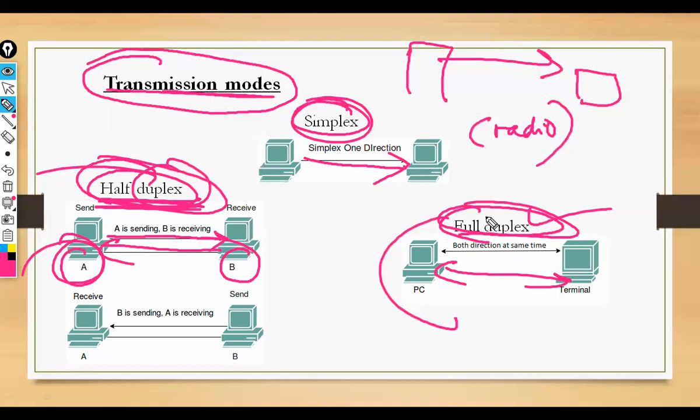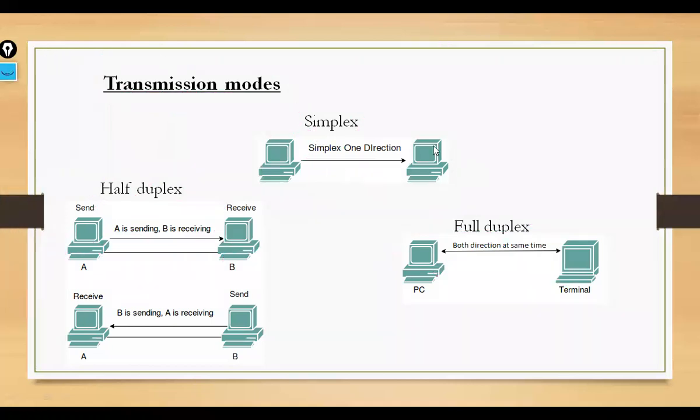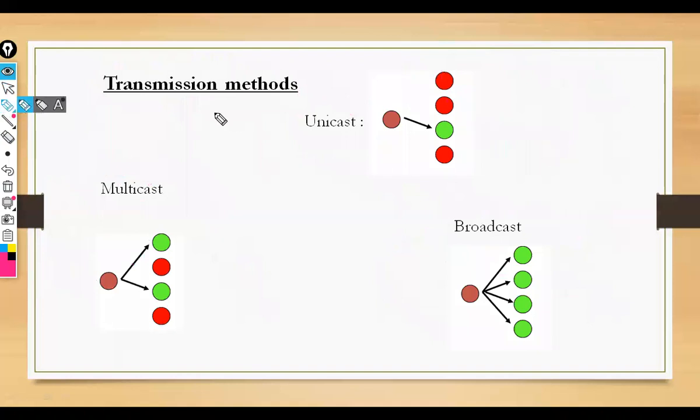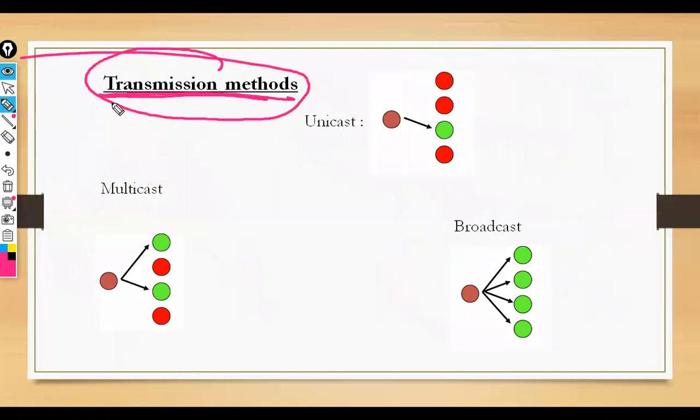You might have studied these in depth, right? So consider these as just brush-up things. That's it. Okay. So these are the transmission modes. Now you have one more term, which is called transmission methods.